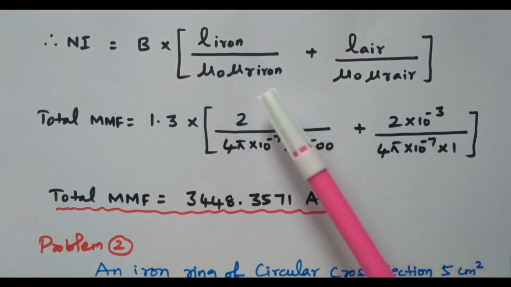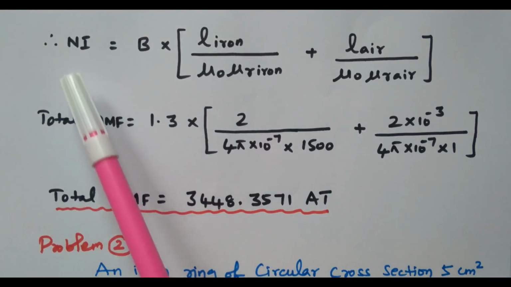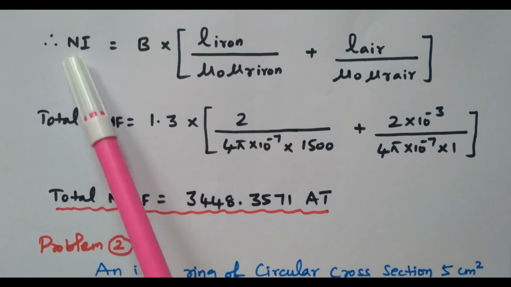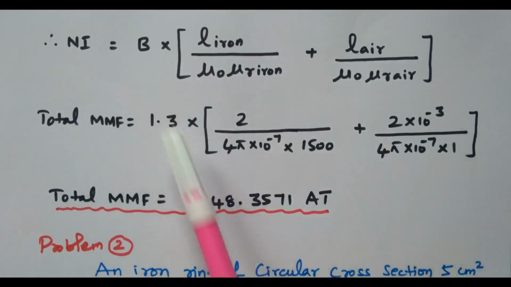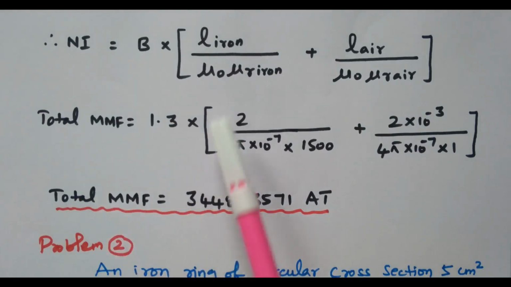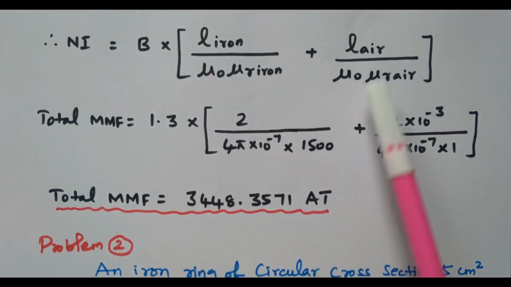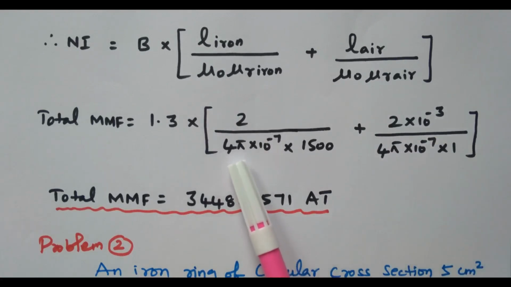It is cross multiplied. What we need is Ni, which is nothing but the total MMF. Our aim is to find the total MMF, that is N into I. So B is available, 1.3 Weber per meter square. The length of the iron path is 2 meter. The length of the air gap is 2 millimeter, so 2 into 10 to the power minus 3. Then mu naught is constant, 4 pi into 10 to the power minus 7.